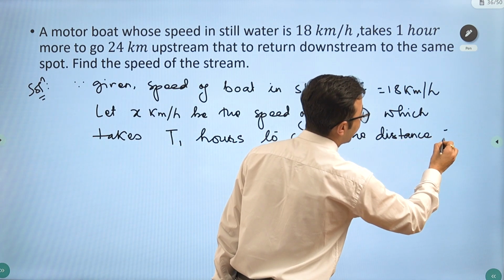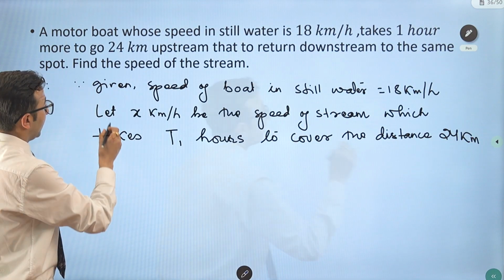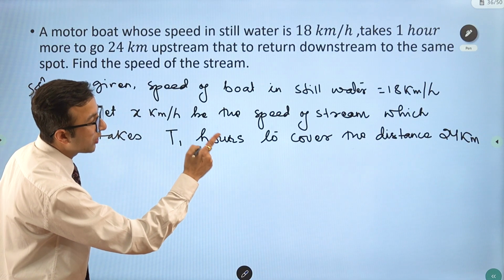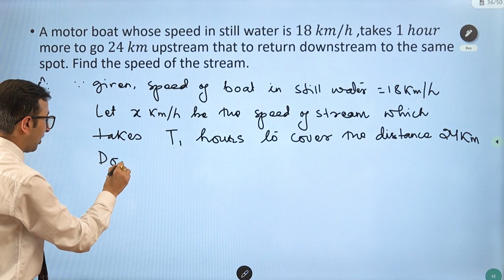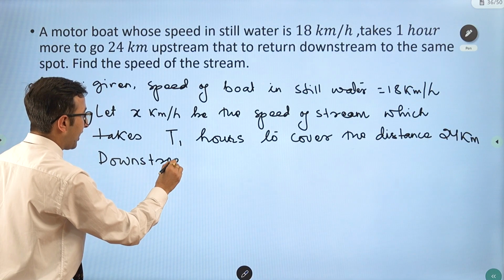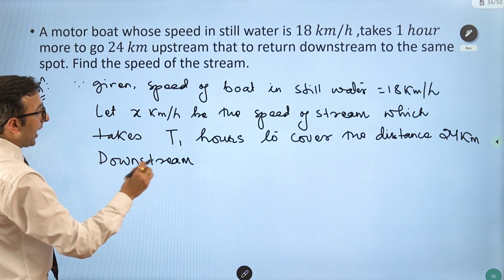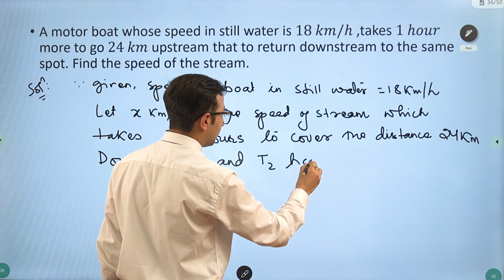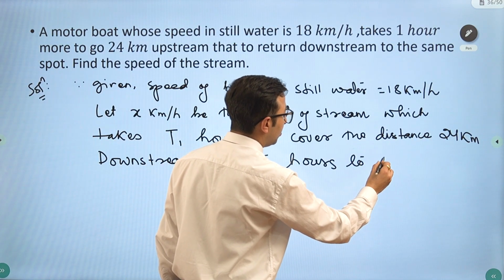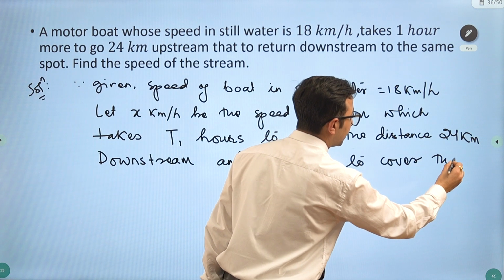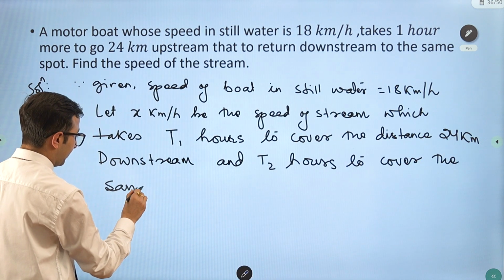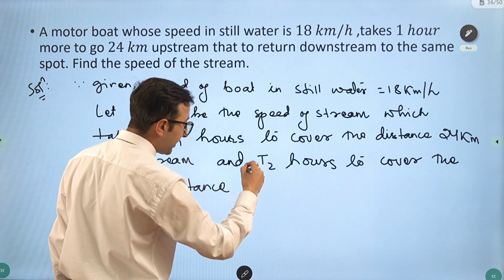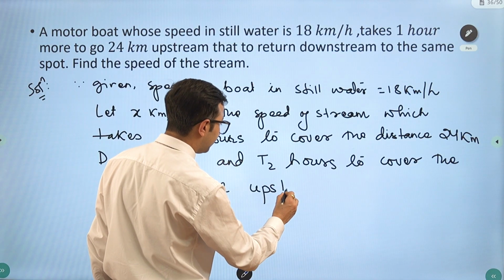Total distance is 24 km. Let x km per hour be the speed of stream, which takes T1 hours to cover the distance 24 km downstream, and T2 hours to cover the same distance with the same speed upstream.